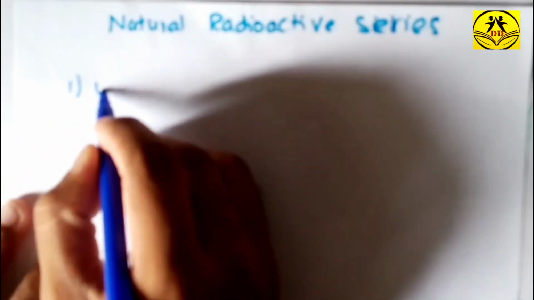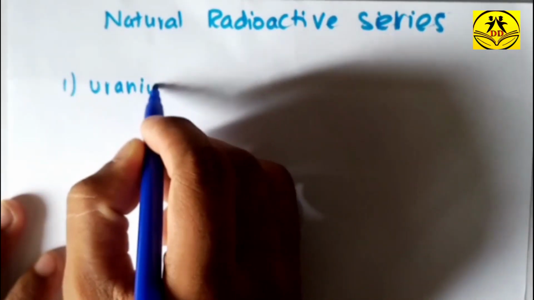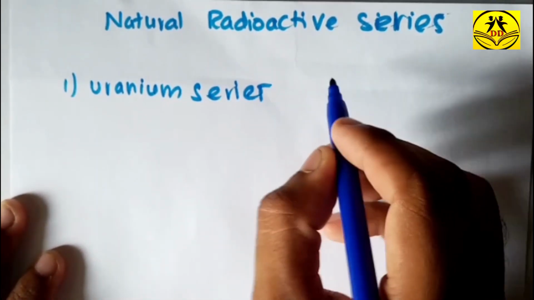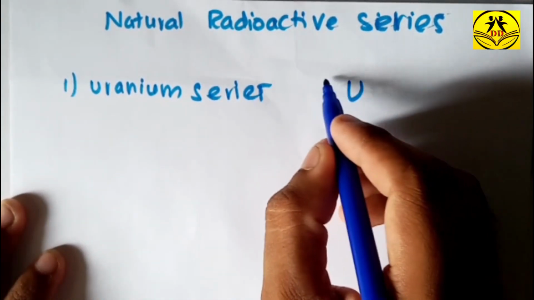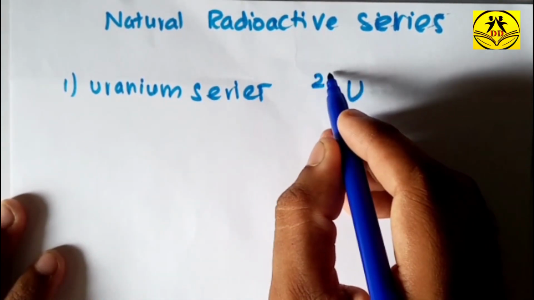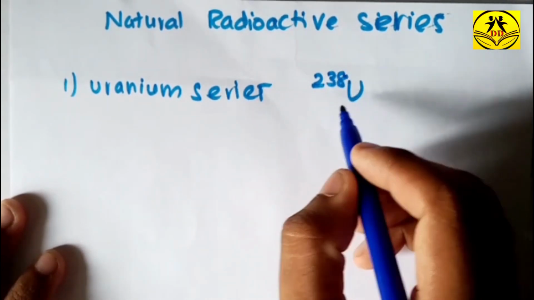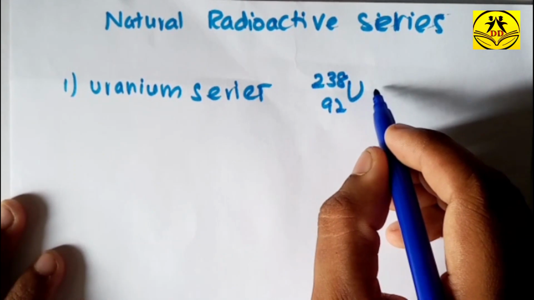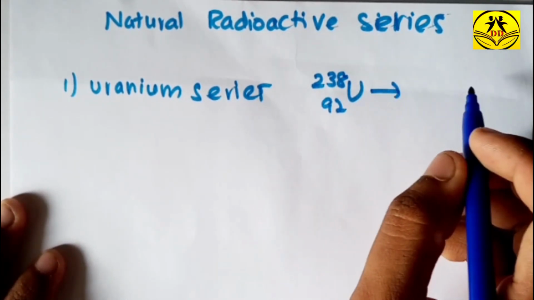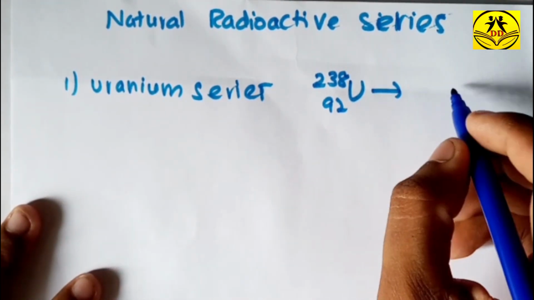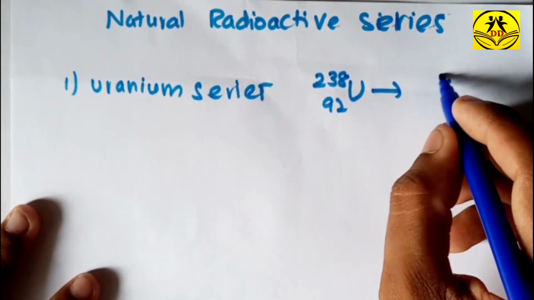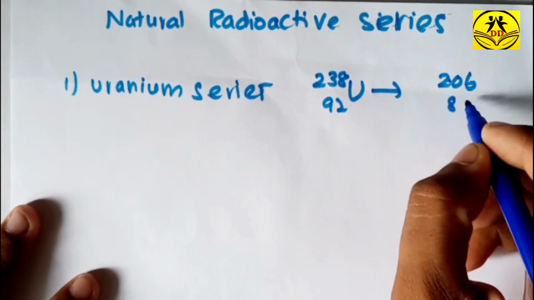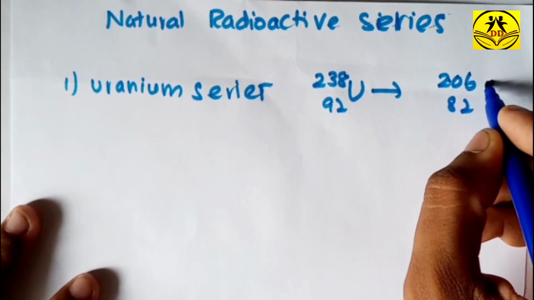One is the uranium series, in which uranium nuclei with 238 mass number and 92 proton number, after repetitive disintegrations, finally form the nuclei of 206 lead.